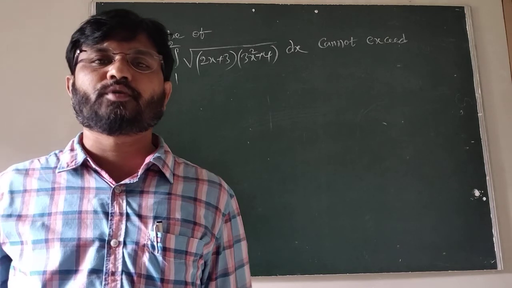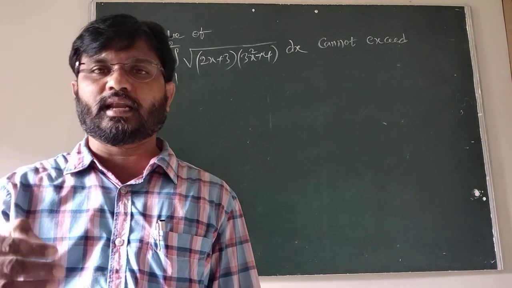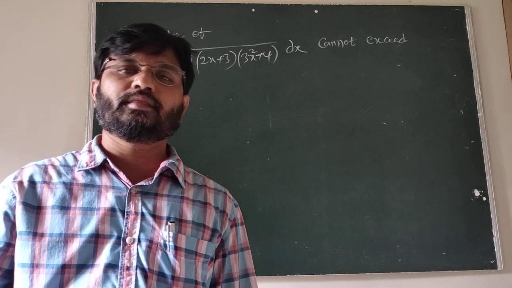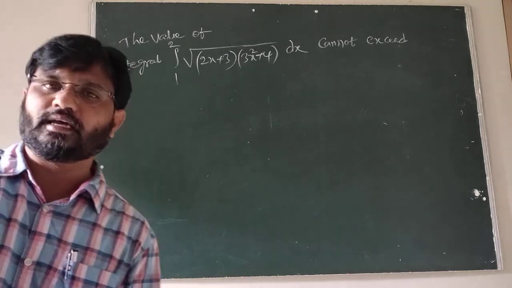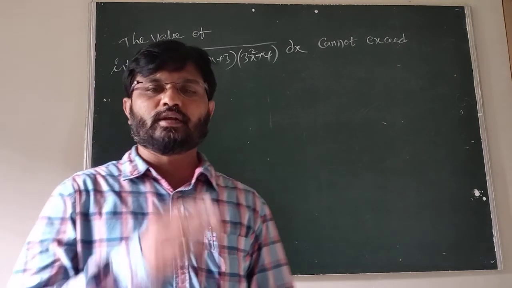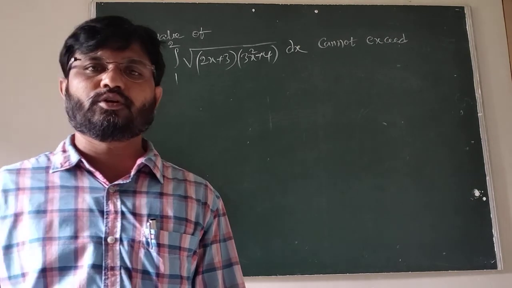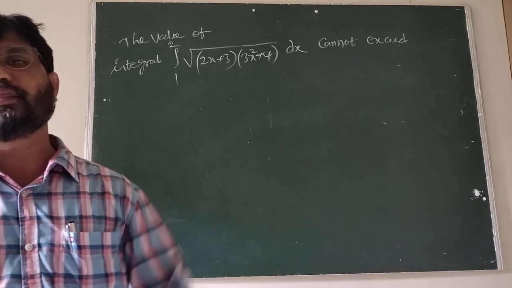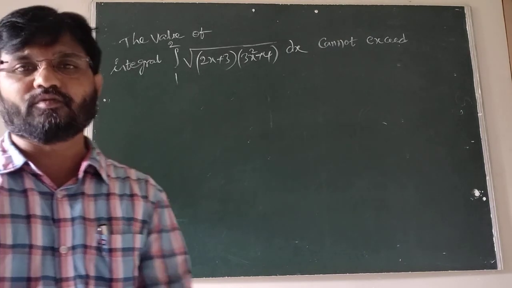After that, taking the reciprocal, 1 by 1 is greater than or equal to 1 upon 1 plus sine square x, which is greater than or equal to 1 by 2. Then you can write it in ascending order: 1 by 2 less than or equal to 1 upon 1 plus sine square x less than or equal to 1. Then you can apply the limits, whatever is given, 0 to 1 or anything. So then you get the minimum and the maximum values.